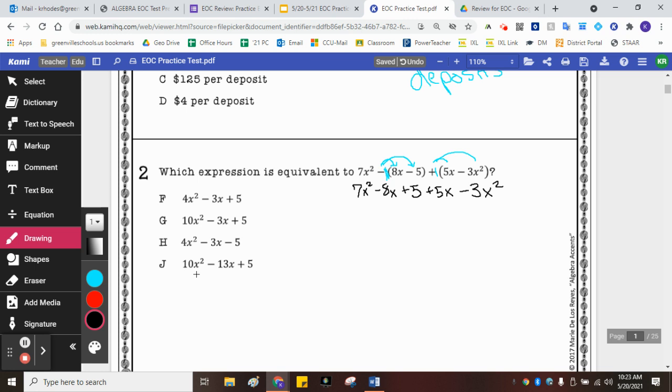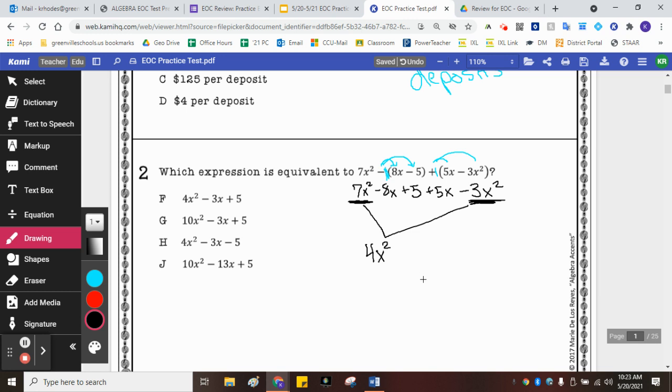When we combine like terms, the first thing we want to combine is x squared. We're going to combine 7x squared and -3x squared. When I combine them, it's obviously going to be 4 or 10. It's 4. The biggest mistake is people say it's 10 because they think they have to add 7x squared, but you only go opposite if you go over equal signs.